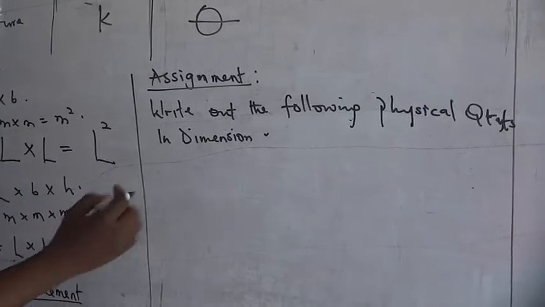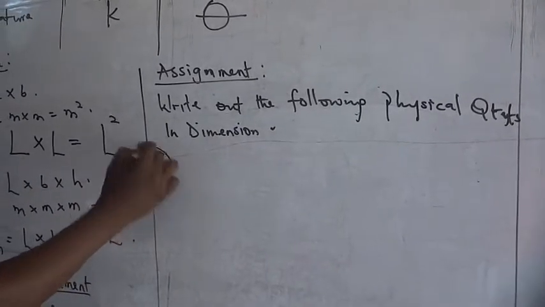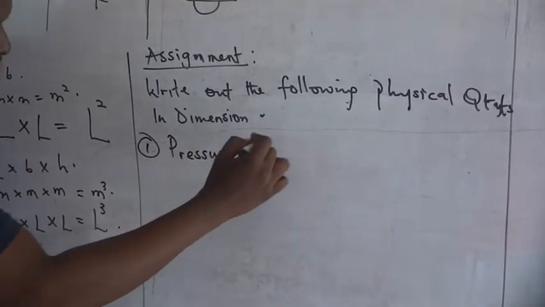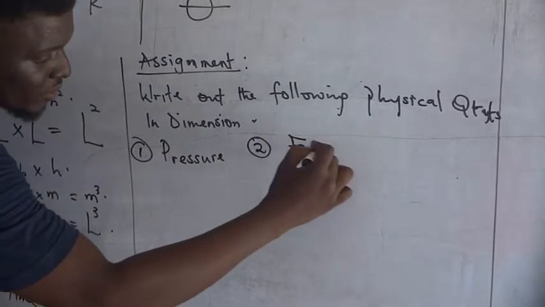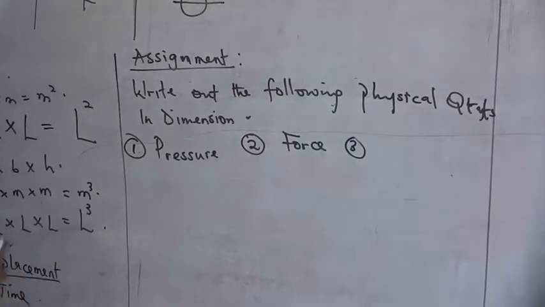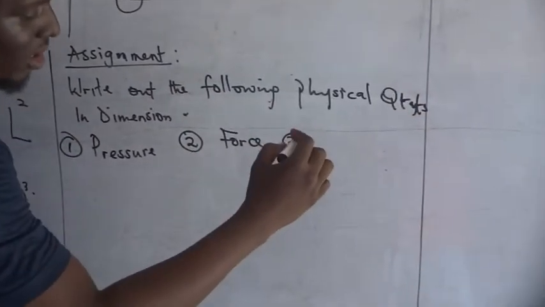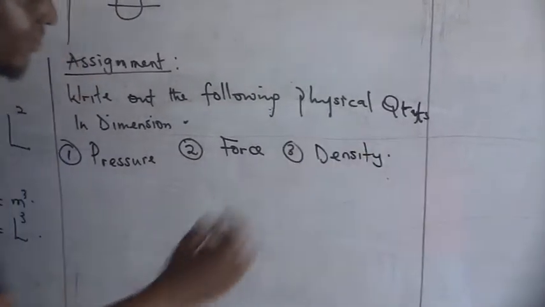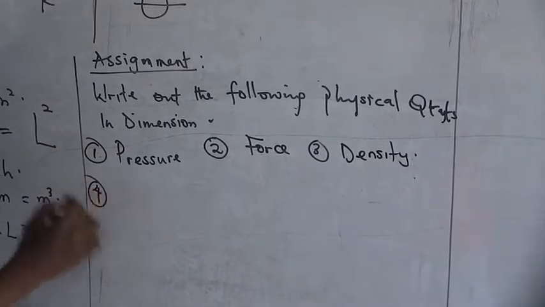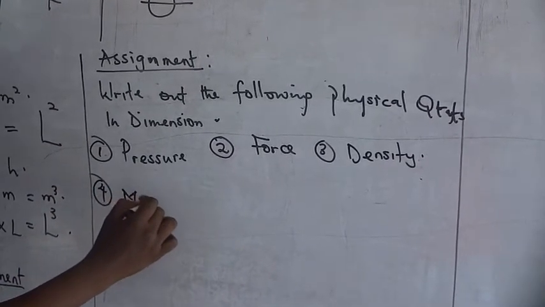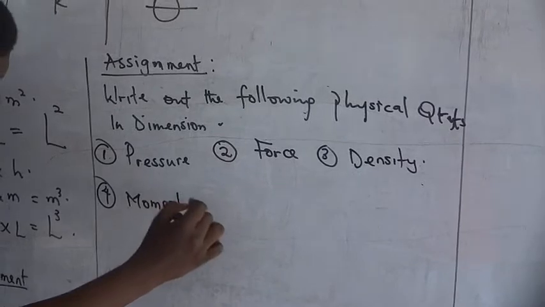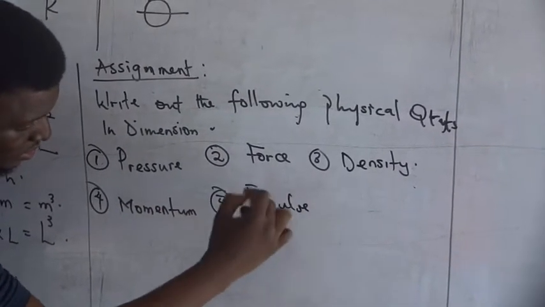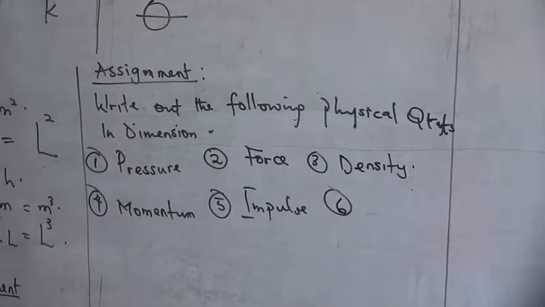So we have that what? 1, pressure. 2, force. 3, density. 4, momentum. 5, impulse. 6, there are many.